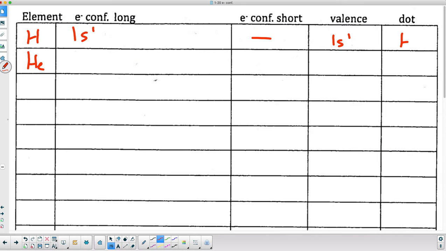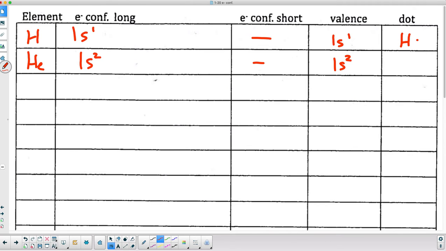The dot diagram looks like that. Okay, 1 valence electron. Helium, I'm going to go through and answer all of these. So I got 1s2 like this. There is no short configuration. I'll show you what I mean by short configuration. The valence are the 2. I'm not even sure they might not even be considered 2 valence.